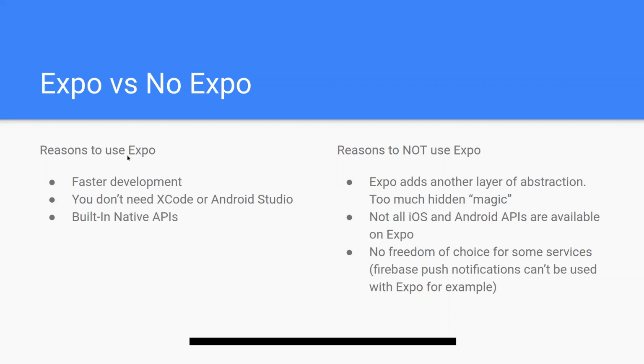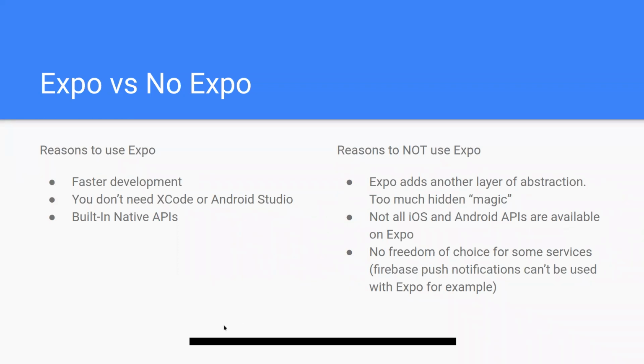I, for one, prefer not using Expo for a few reasons. One, because Expo adds what we call a layer of abstraction above React Native, which means it will do configurations and stuff that will hide it. Basically, some stuff will work by magic, let's say, because you won't see how it works. And that has a few other inconveniences.